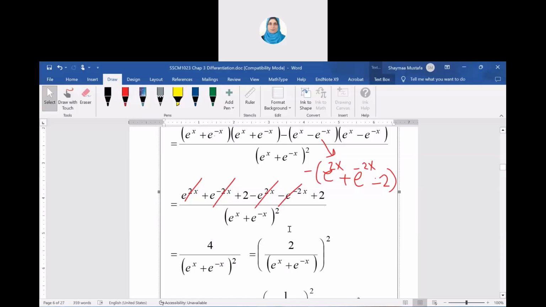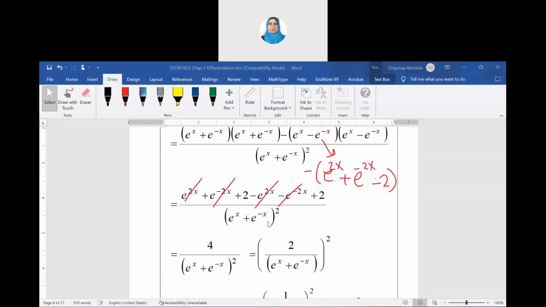So we have only 4 over (e^x + e^-x) squared. And 4 is equal to 2 squared, so I can write it as 2 over (exponential x plus exponential minus x) squared. So this is the derivative for tanh x.